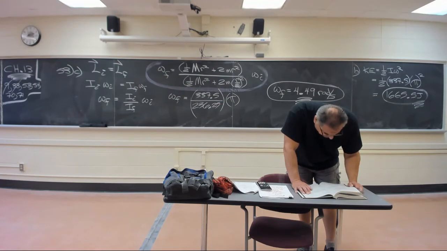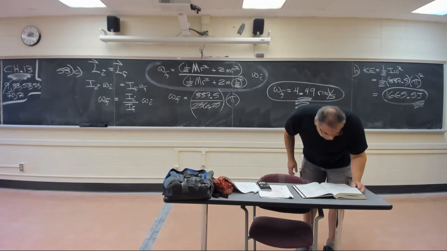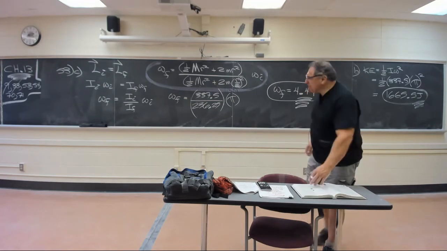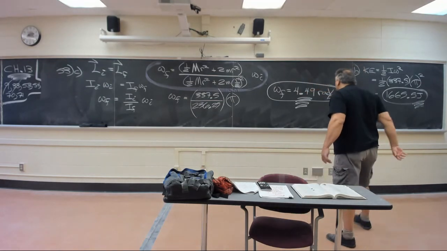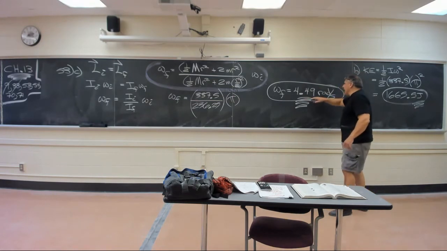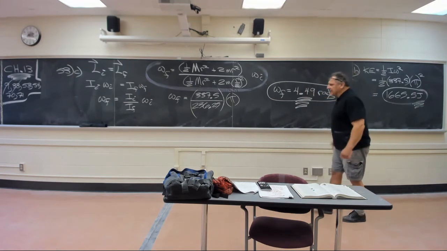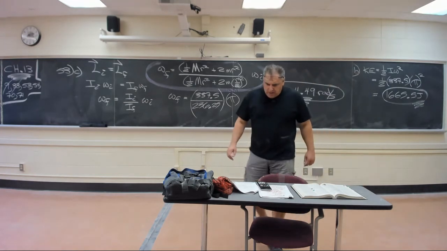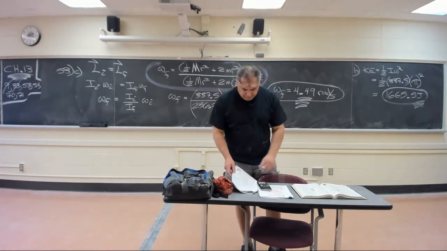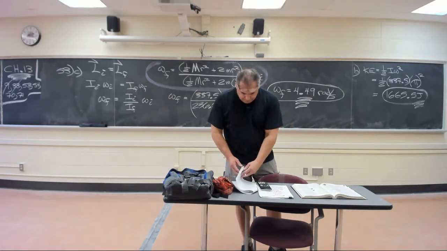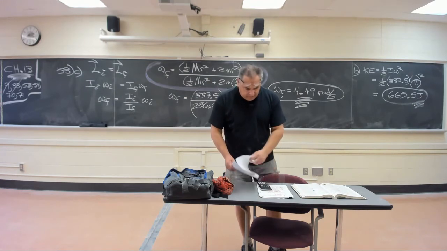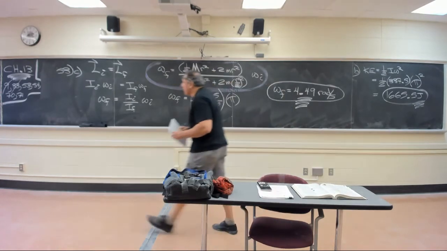For 53, they're making the claim it's 4.9 radians per second. I don't agree. Something got messed up here. Somebody must have just truncated the 4.49 and made it 4.9. It's easy to copy something like this wrong, I guess. I'm staying with that. They appear to be wrong. All right, guys, that is 53.